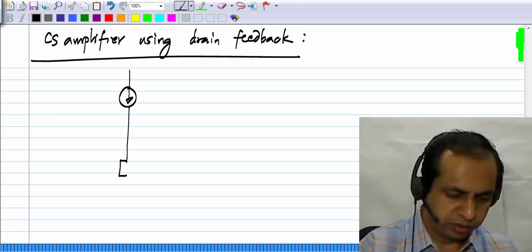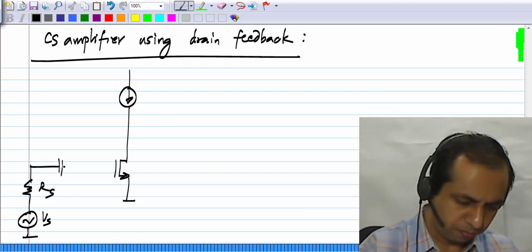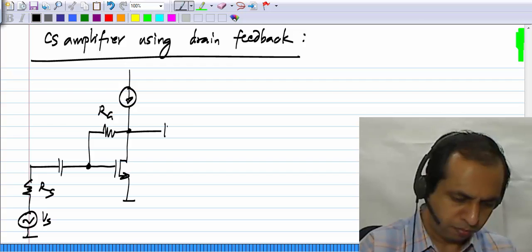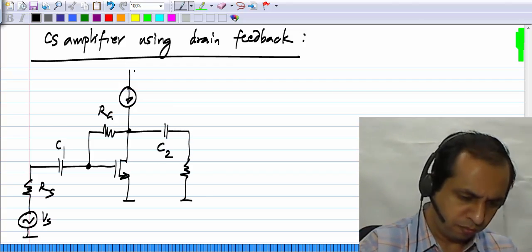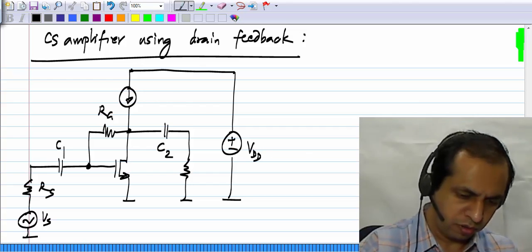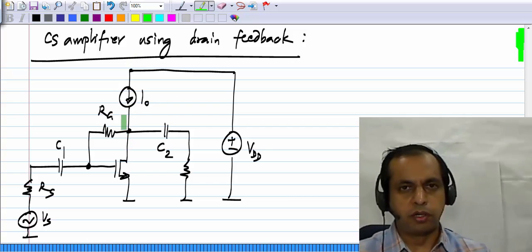I will show the complete picture here. We have a current source I naught.